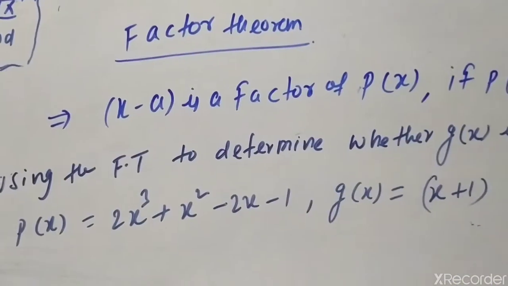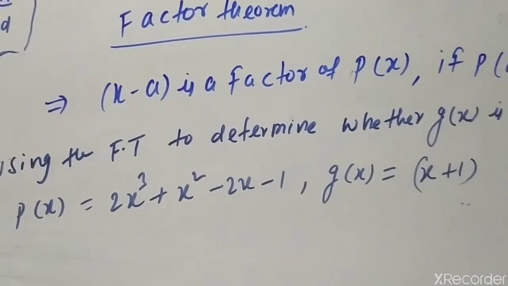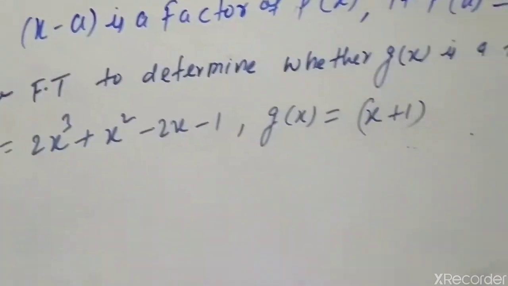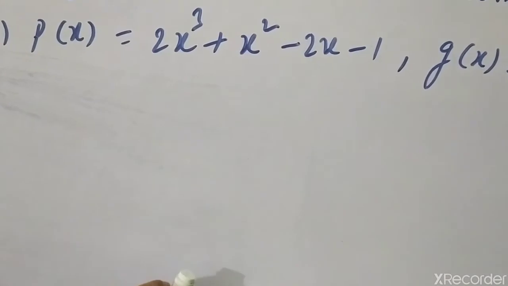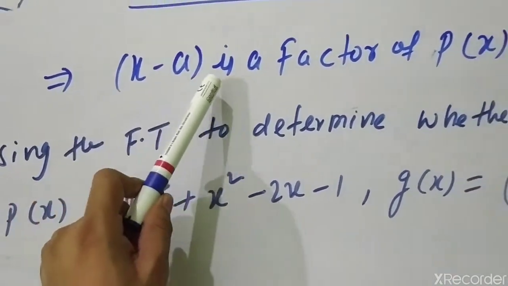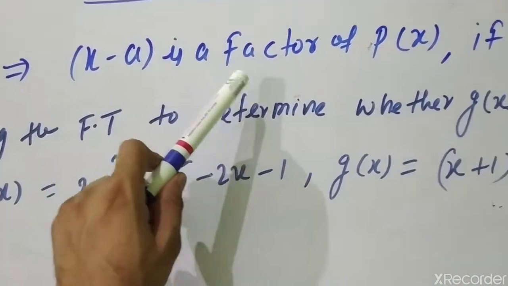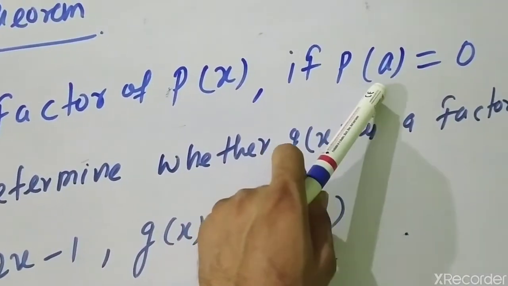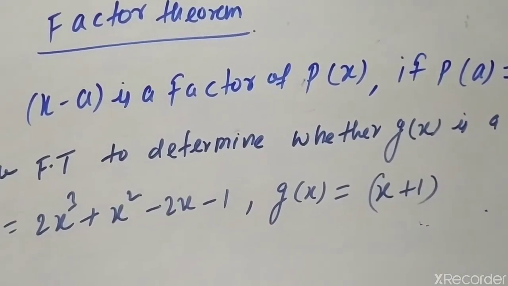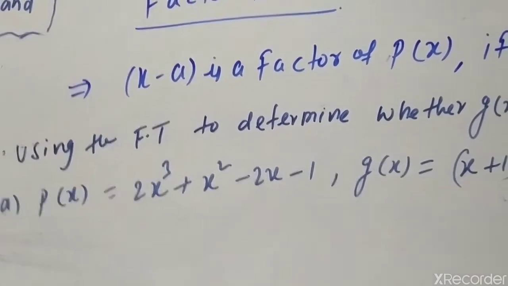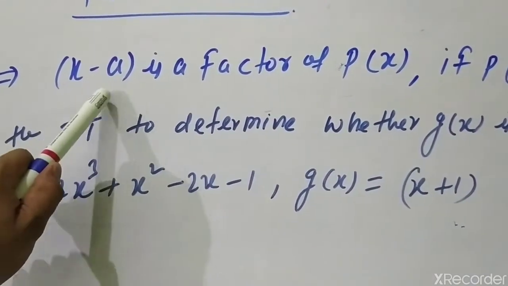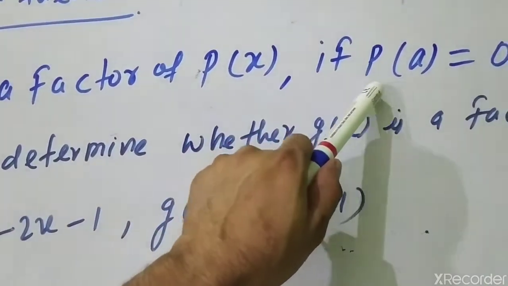Let's see the factor theorem. What is the factor theorem? x minus a is a factor of p of x if the value of the polynomial is equal to 0. In the previous concept, the remainder theorem, the value of the polynomial could be any constant. But here there is only one condition: x minus a is a factor of p of x if p of a equals 0.